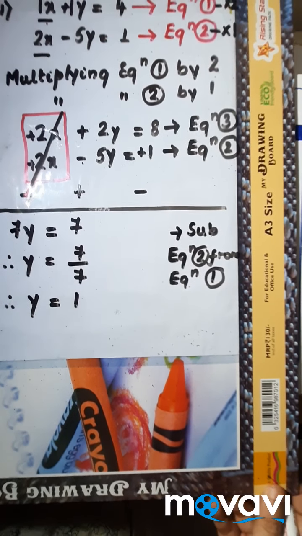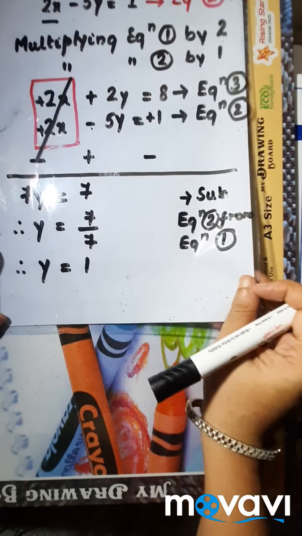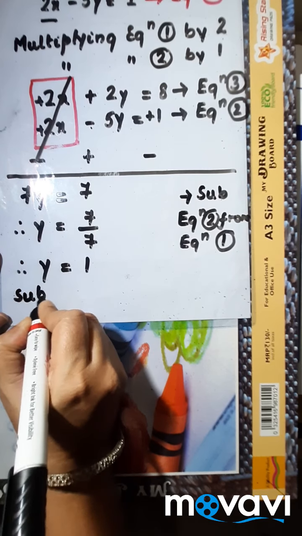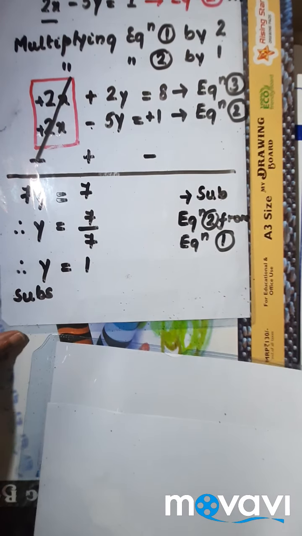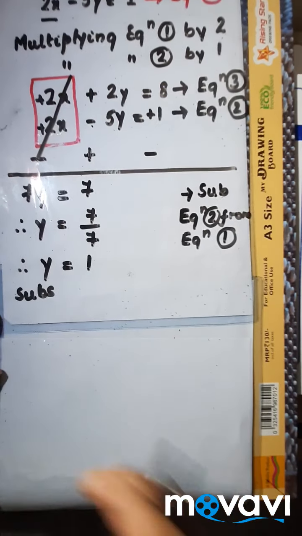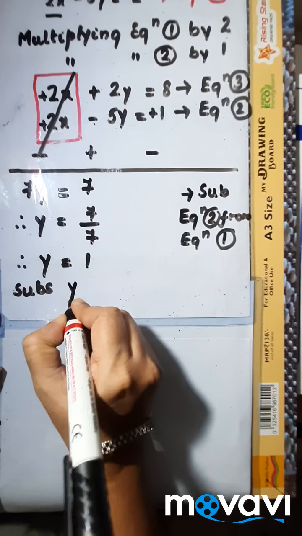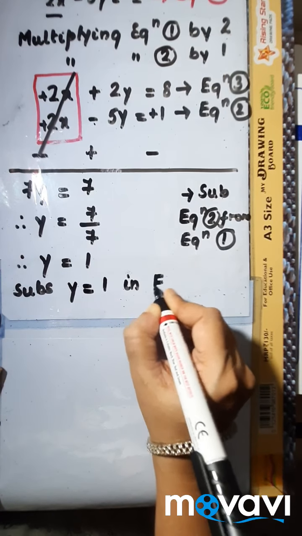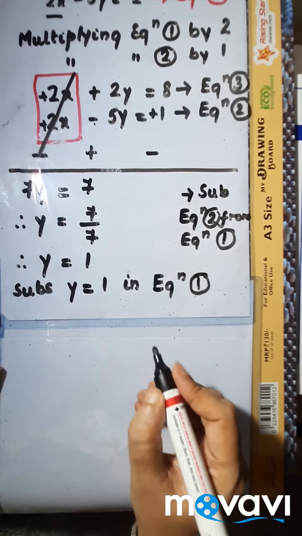Now I want the other value, correct? Okay, so now I will take the simplest equation. So I will say substituting, let me just take another page also. Substituting y equal to 1 in equation 1.